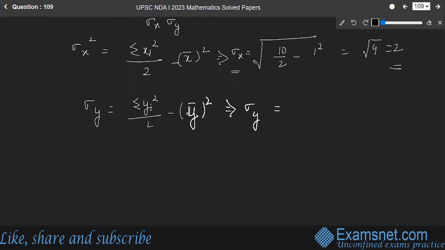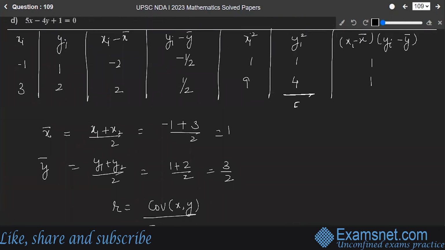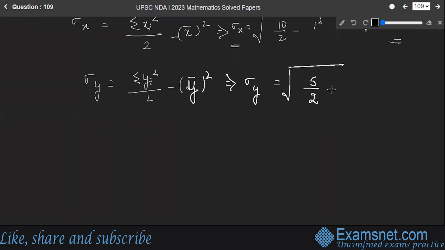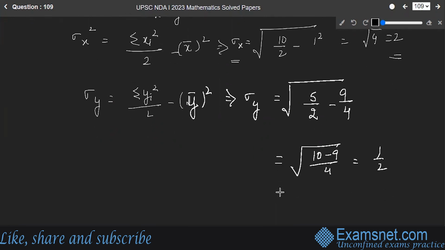This is 5 by 2 minus, y bar was equal to 3 by 2, sorry. So 3 by 2 square is equal to 9 by 4. That will give you 10 minus 9 by 4, which will be 1 by 2. Hope you got that. We got all the values.